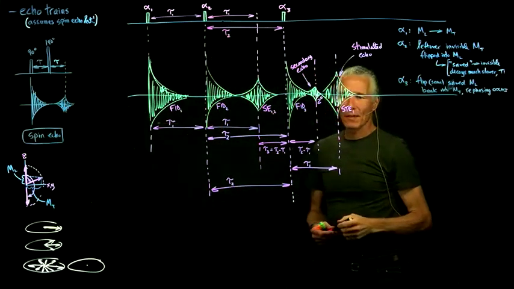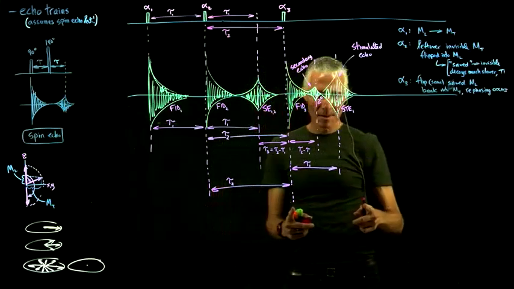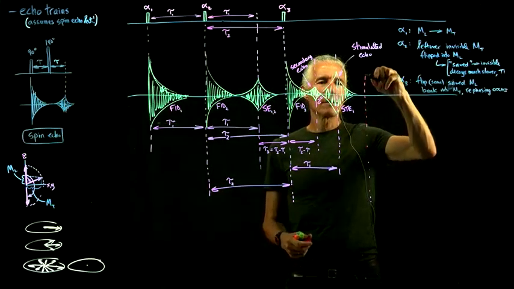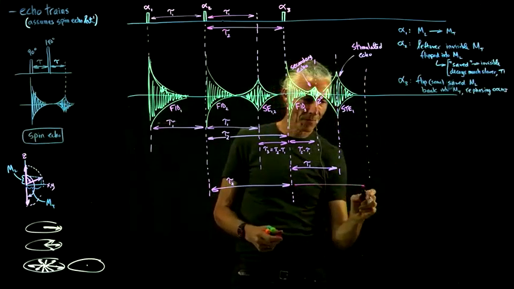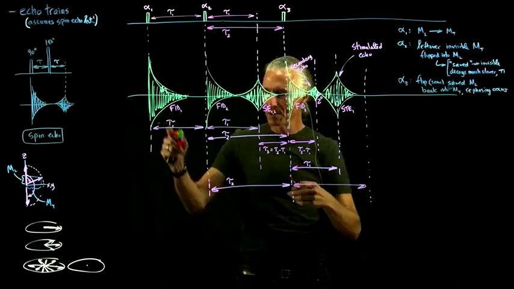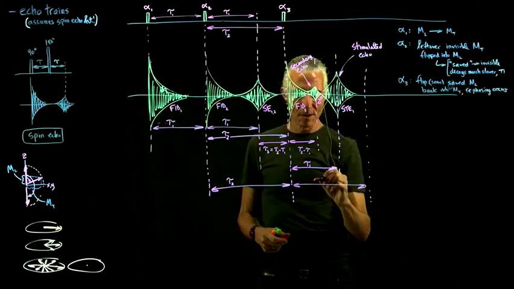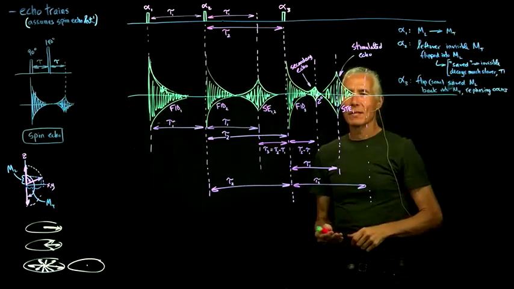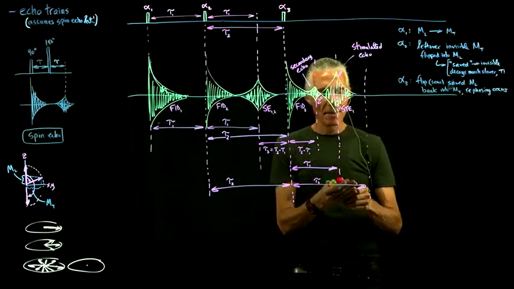So if we go that amount of time later, then we're going to end up with another spin echo here. Because that's the same situation as 1 and 2. So tau 2 time after the third pulse, and we get another echo.